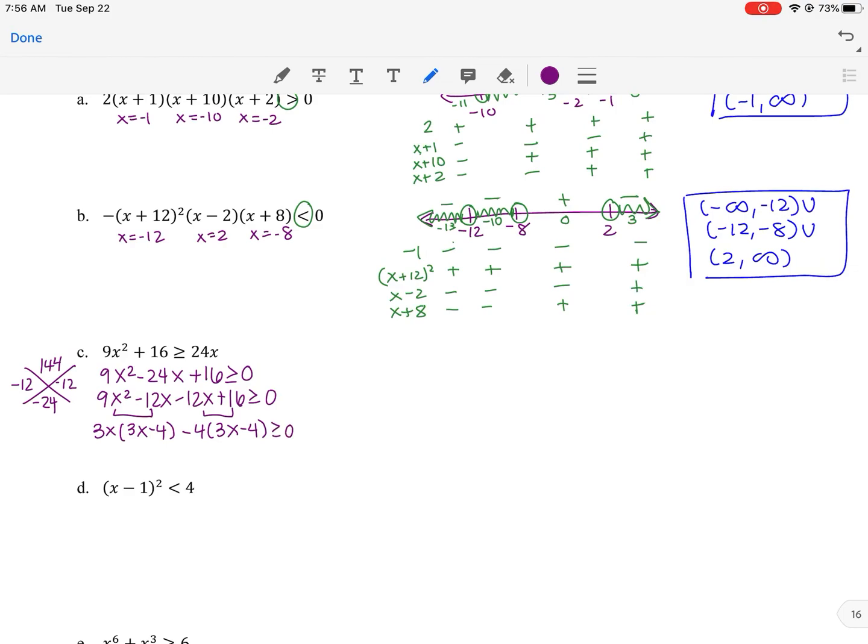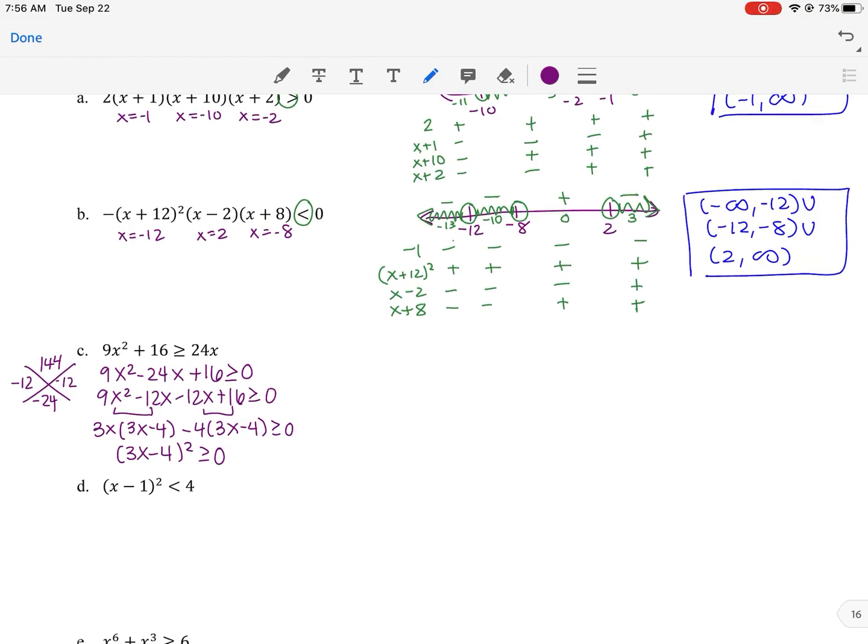So I do end up with 3x minus 4 times 3x minus 4, which another way to say is 3x minus 4 squared. So here, if you think about 3x minus 4 equals 0, 3x equals 4, x equals 4/3. There's only one 0 this time, and that's just fine. Remember, it has multiplicity too.